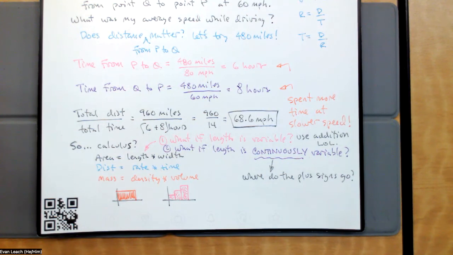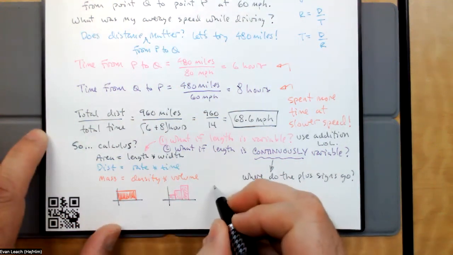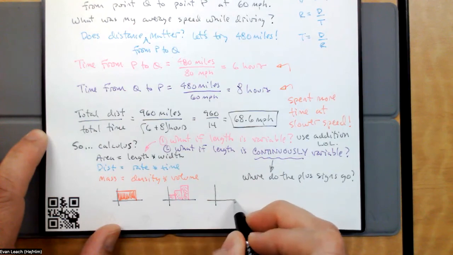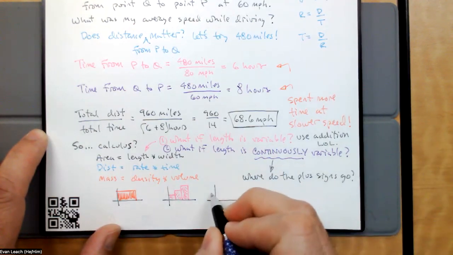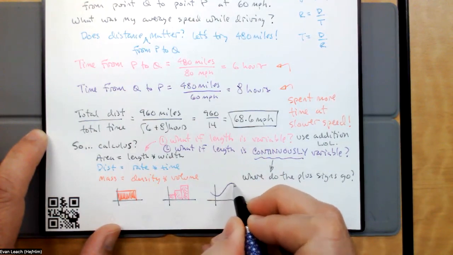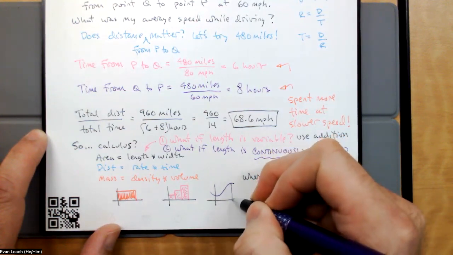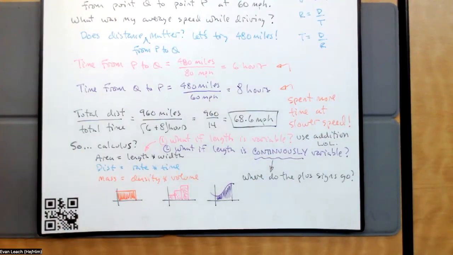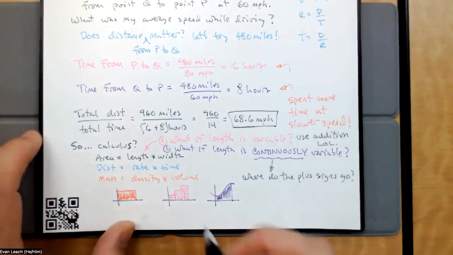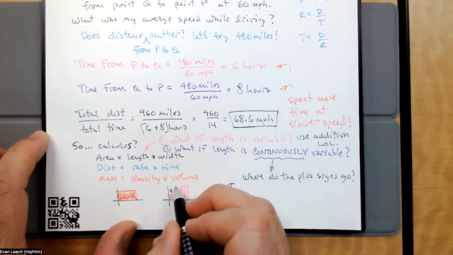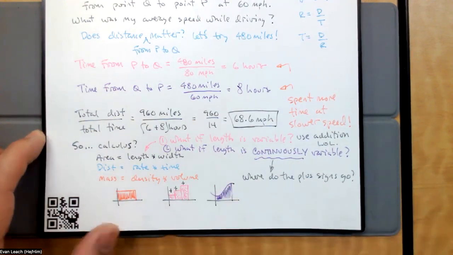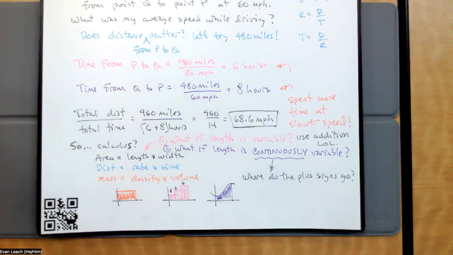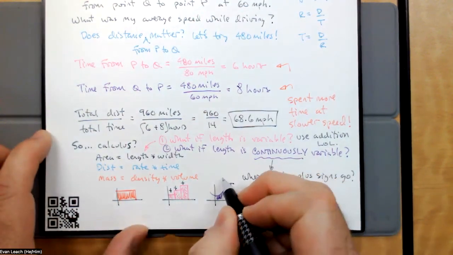The continuously variable problem: in that first one, we don't need a plus sign. We just have to multiply. In the second one, well, we could just multiply, or we could just add. We just drop to addition, just add. But in the third one, we've got nowhere to put the plus signs.